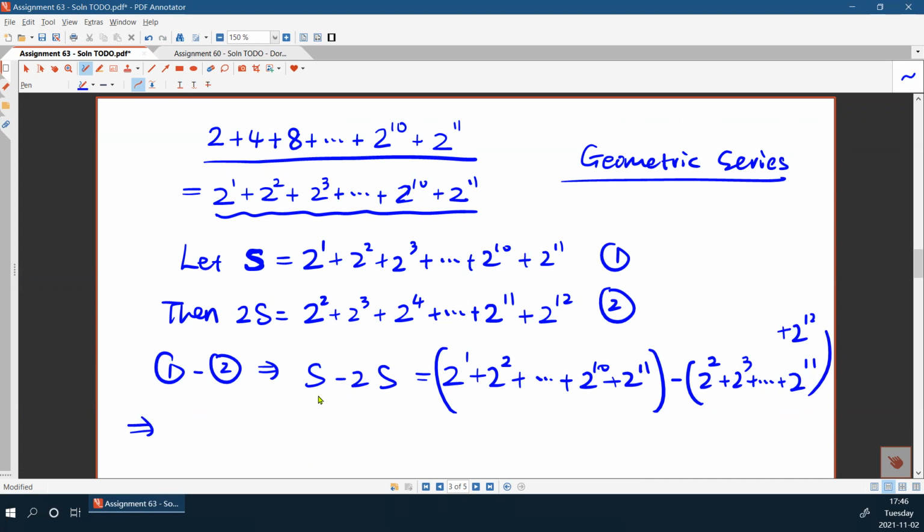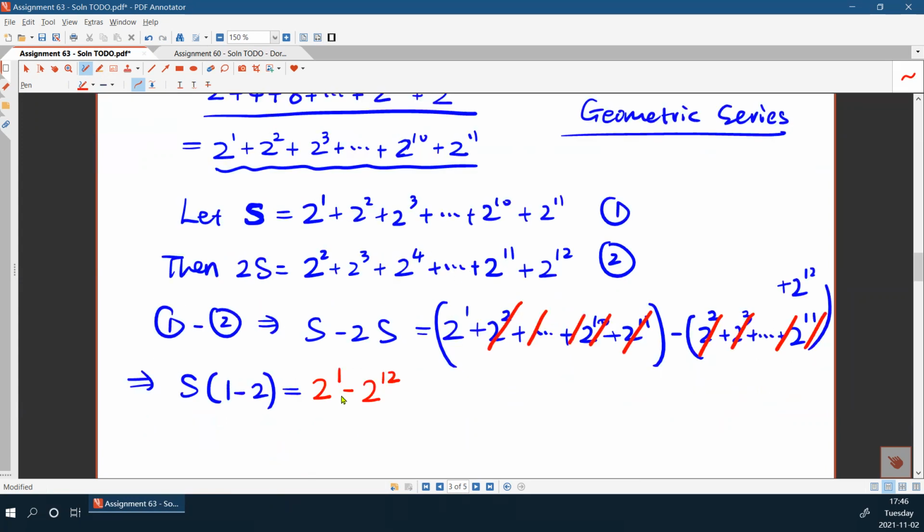The left side, as you can see, is S times (1 minus 2). On the right side, similarly, we can cancel 2 to the power of 2, 2 to the power of 3, etc., up to 2 to the power of 10 and 2 to the power of 11. All these terms in the middle cancel with the terms in the later part, and the right side is just 2 to the power of 1 minus 2 to the power of 12. Can you follow me?